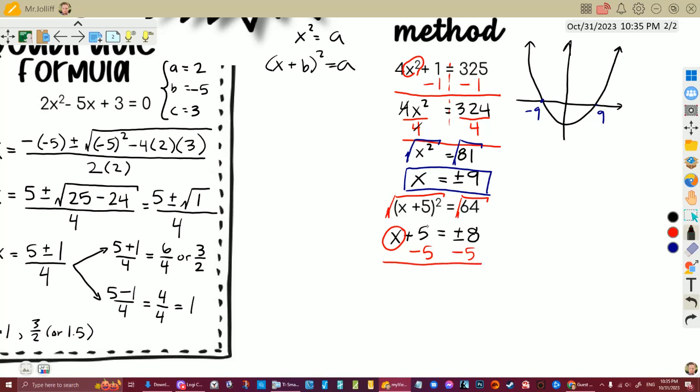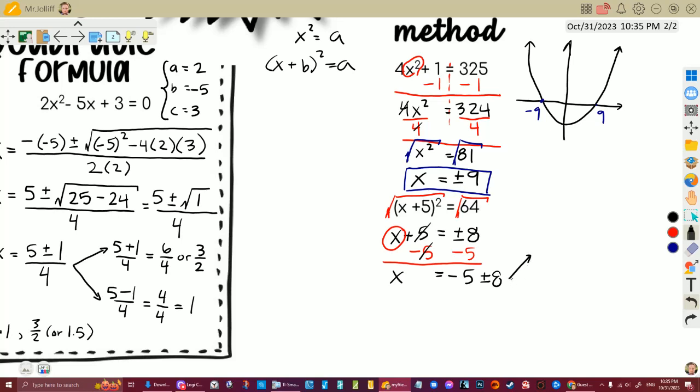On the left, we get a 0 pair. Those 5s go away. And on the right, we get something a little weird. Anytime you've got a number with a plus or minus, we tend to write that at the end of an expression. So I'm going to write the negative 5 first, and then plus or minus 8. And just like with the quadratic formula, when you have a plus or minus in your answer, you need to split it into two pieces.